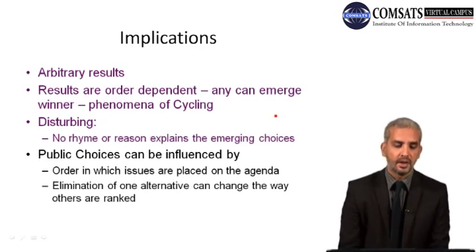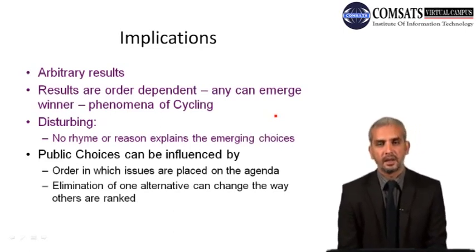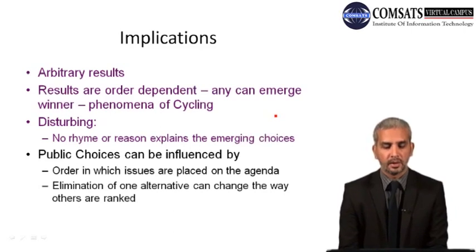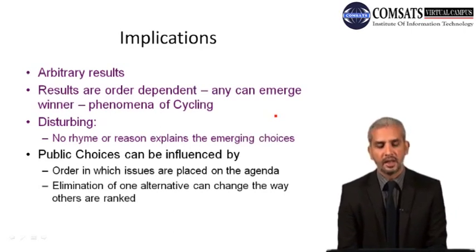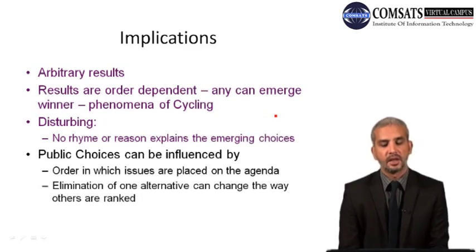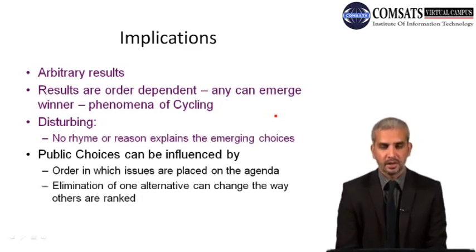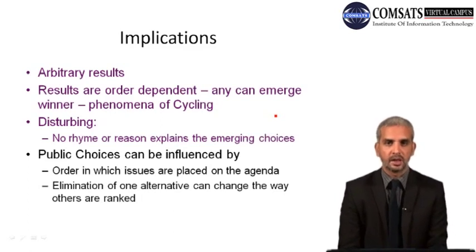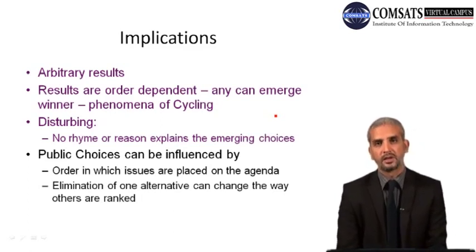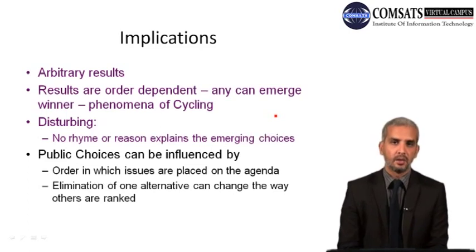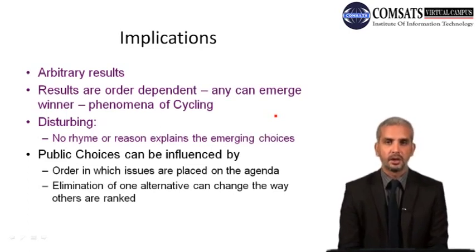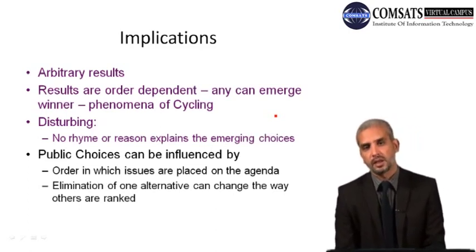Now that is a very arbitrary outcome of the election, and that is a very disturbing scenario. Why is it disturbing? Because there is no rhyme or reason to explain the emerging choices. How you pair the alternatives matters in terms of the political outcome.